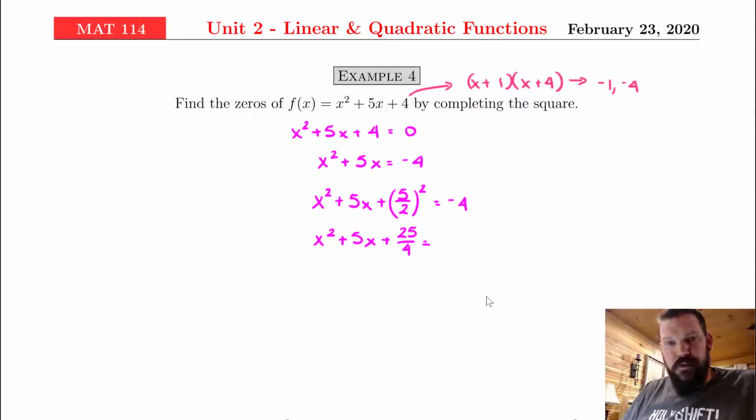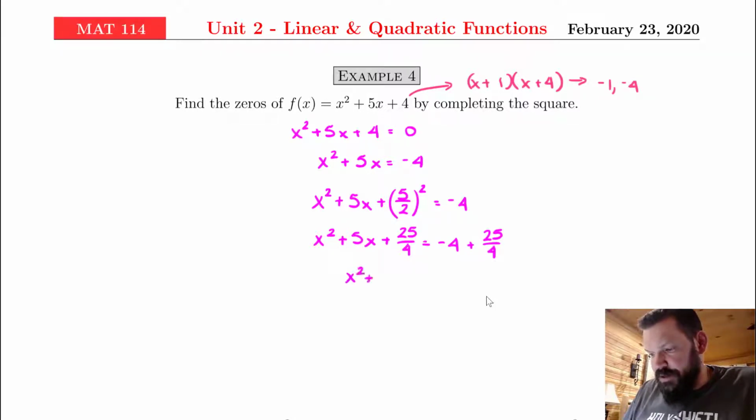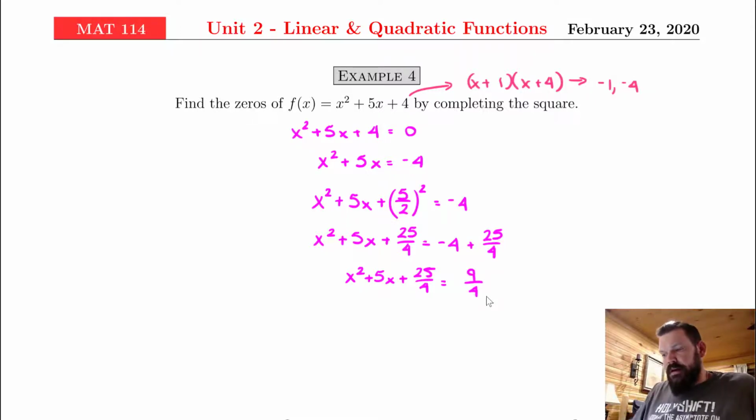And that 25 over 4, whatever the squared term ends up being, since it's 25 over 4, we add that to the right hand side as well. And so now we have x squared plus 5x plus 25 over 4 is equal to 9 over 4.